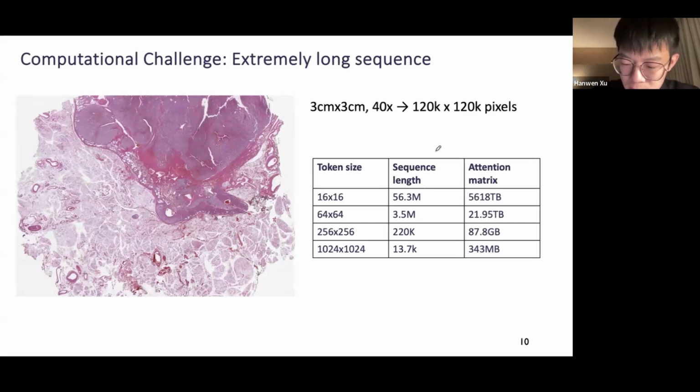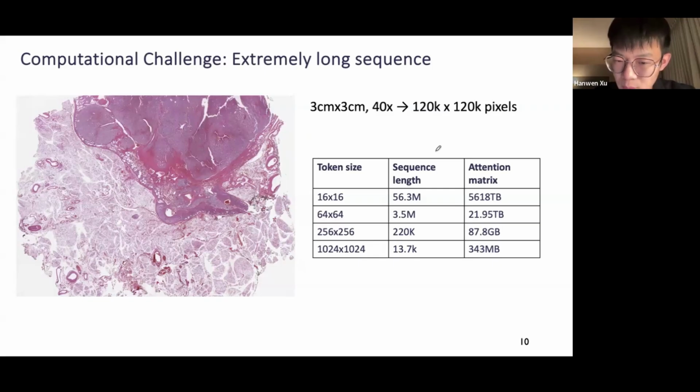If we follow the traditional vision transformer way to model this gigapixel-level image, let's start by looking at the table. This table summarizes how the memory cost changes as we vary the size of a token, specifically the number of pixels each token represents.